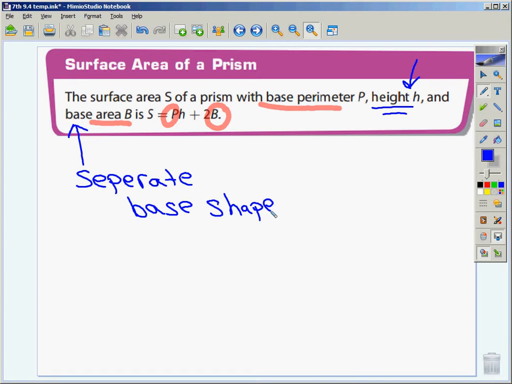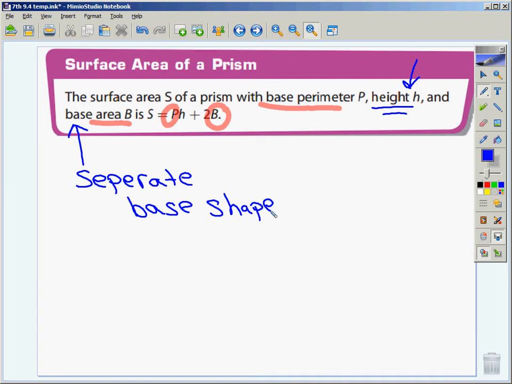Because when you separate this out, all of the work is going to come from that shape. You're going to calculate the perimeter from that shape, you're going to calculate the area of that shape, and then you're going to plug numbers into a formula. But the hardest part is going to come from whatever shape we separate out. Okay?